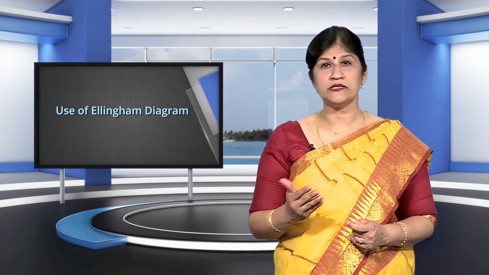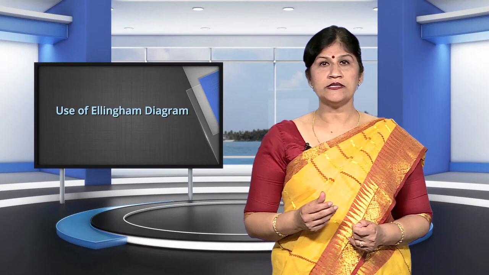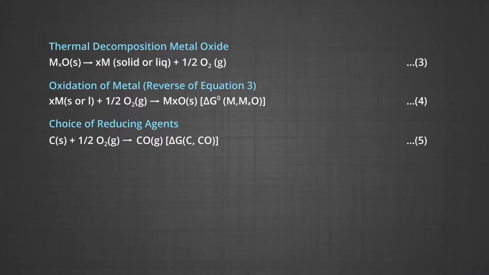Equation 3 can be visualized as the reverse of the oxidation of the metal, and then the delta G naught formation value is written in the usual way as metal in solid or liquid state plus oxygen gas, giving us metal oxide. If reduction is being carried out through equation 3, the oxidation of the reducing agent, for example carbon or carbon monoxide, will be there.